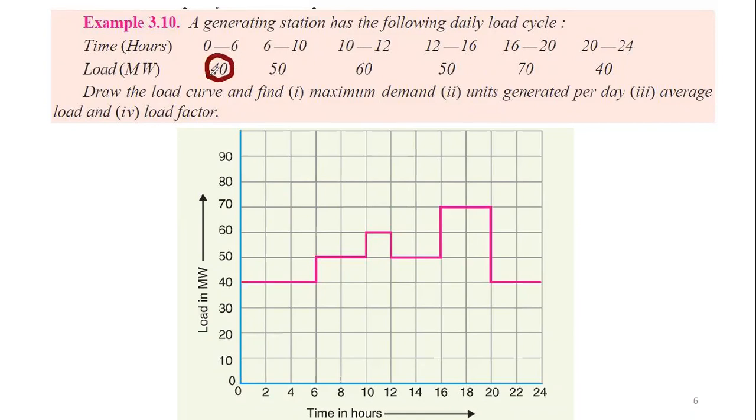This is the x-axis value and this is the 40 megawatt, so this will be the point. From 0 to 6, the load will be 40 megawatt. Okay, so it is done.